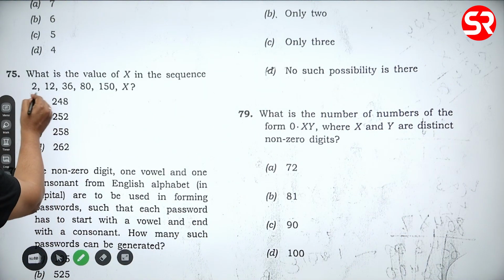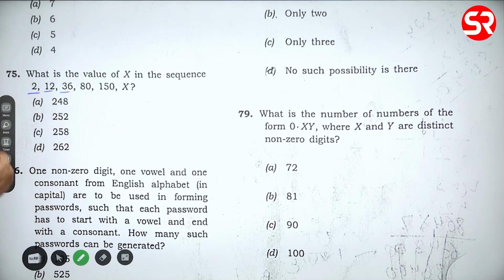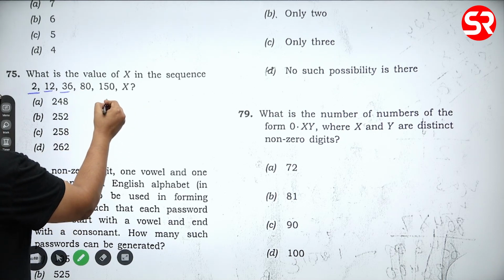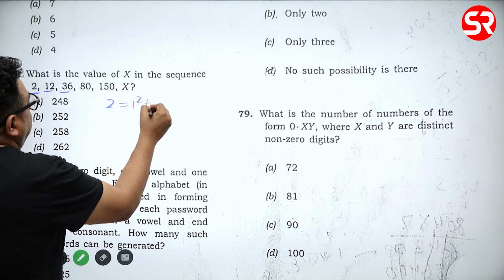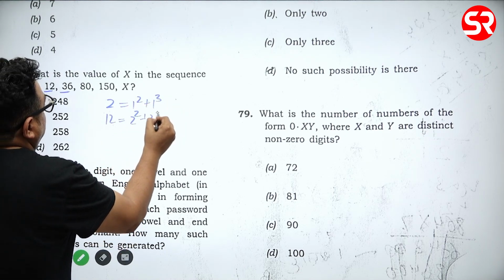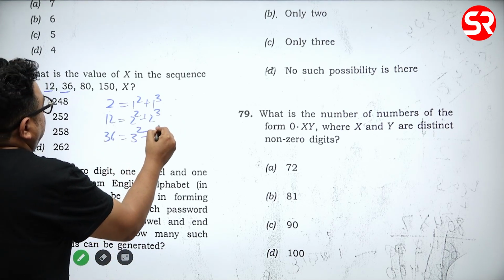He says the first term is 2, second is 12, 36. So either we take the differences, which are 10 and then 24 and then 44. So the difference does not give us anything. I believe when sorted out, listen, 2 was actually 1 square plus 1 cube, and 12 is actually 2 square plus 2 cube, and 36 comes out to be 3 square plus 3 cube.